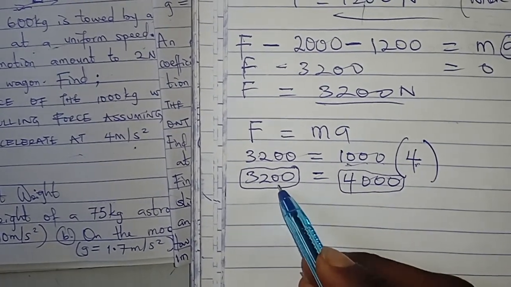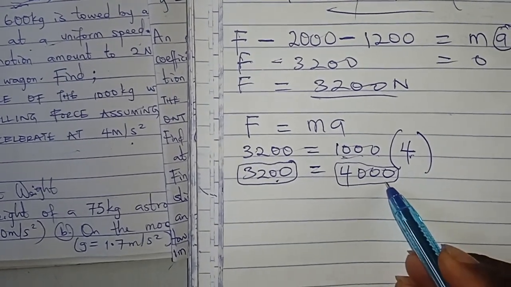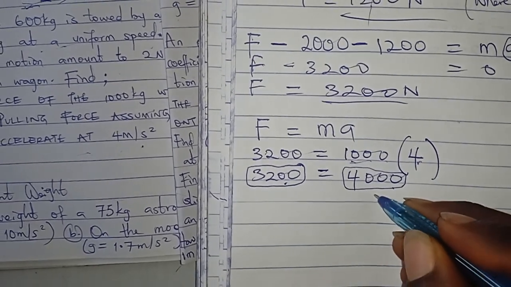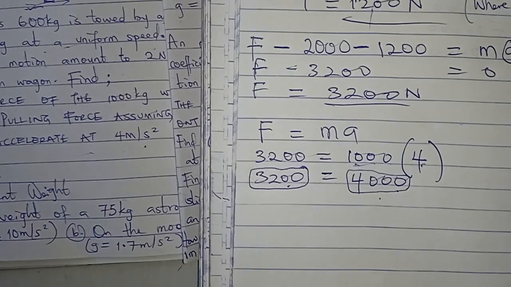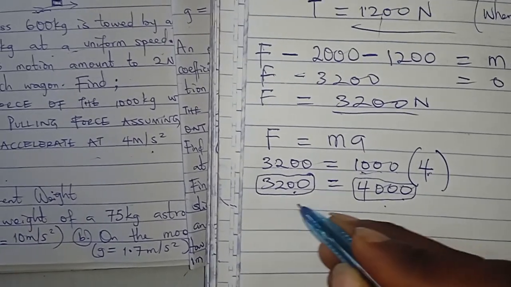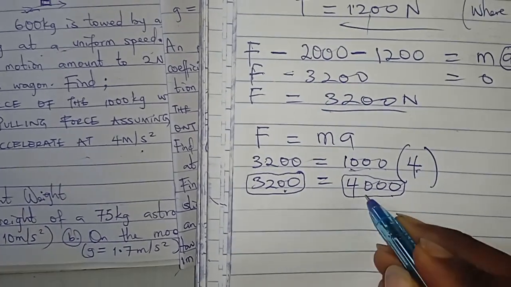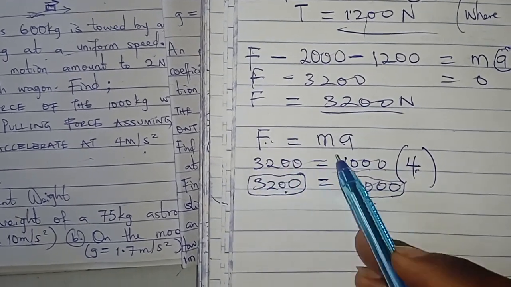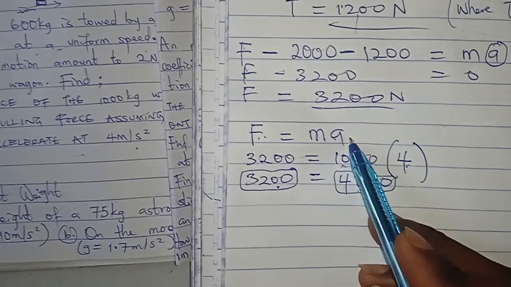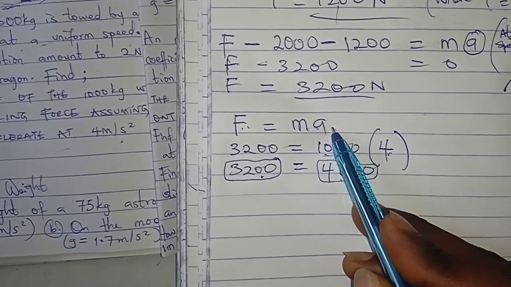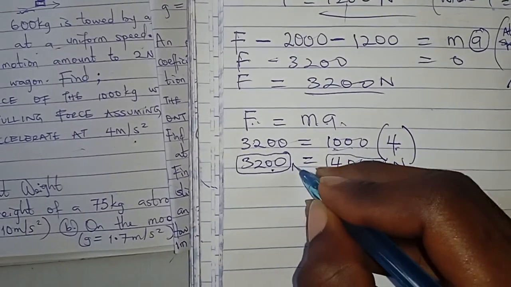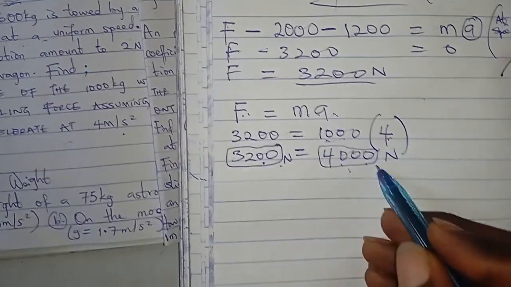So we can say that pulling force is equal to 4,000. So we can see that the change is simply 4,000. Remember that force is equal to MA. This is the pulling force. Then this is the mass when it experiences 4 meters per second square acceleration. So pulling force is equal to 4,000.